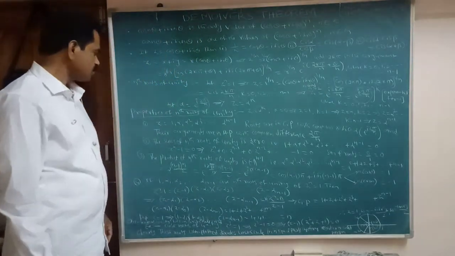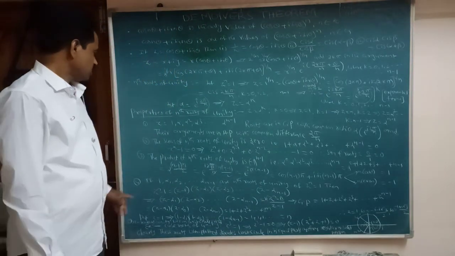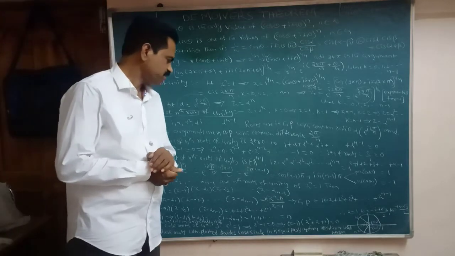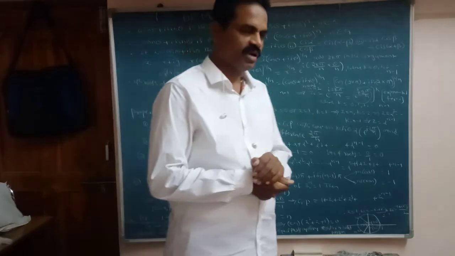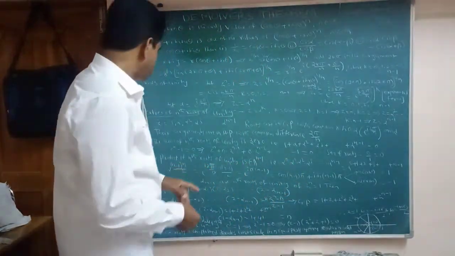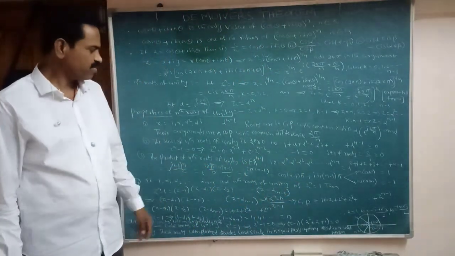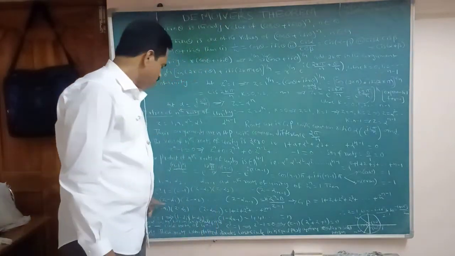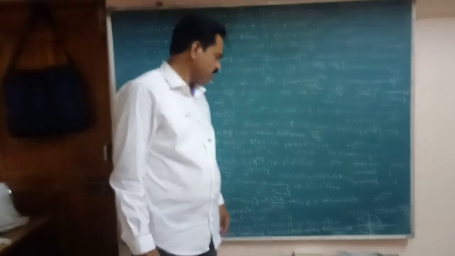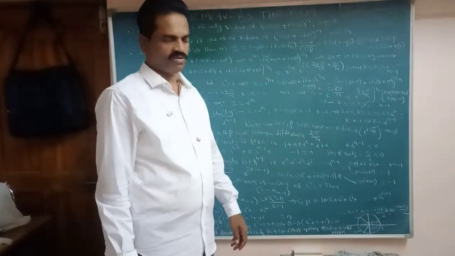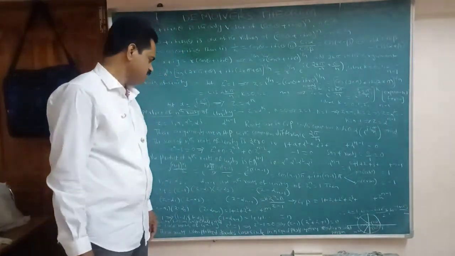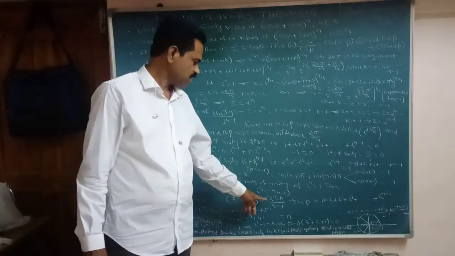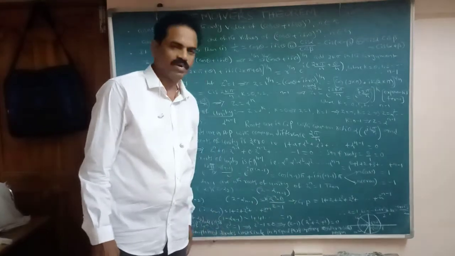Next one, the fourth one. If 1, alpha 1, alpha 2, up to alpha n minus 1 are the nth roots of unity of z power n equal to 1, then z minus alpha 1 into z minus alpha 2 into z minus alpha n minus 1 equals z power n minus 1 divided by z minus 1.